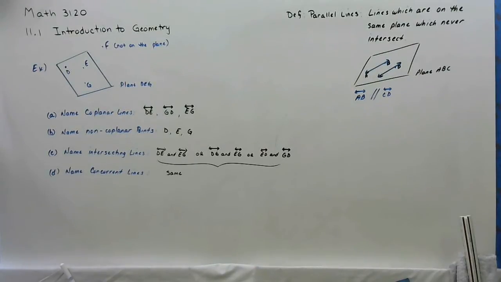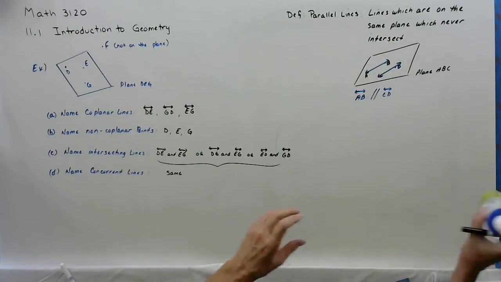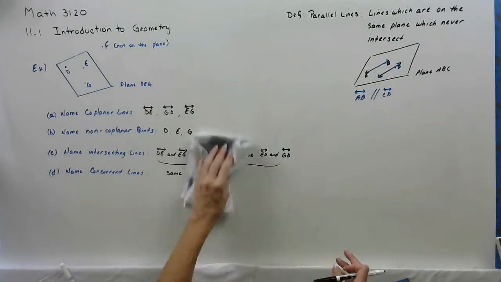All right, let's take a look now that we've talked about some parallel lines. We also can have parallel planes. While we're talking about parallel, let's take a look at parallel planes. Make a little more room here.